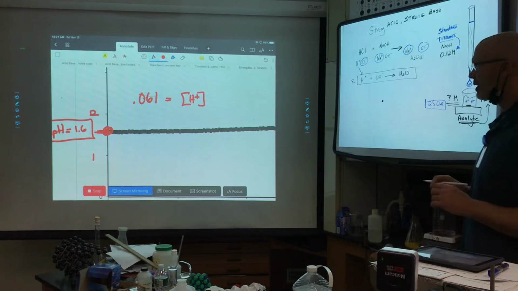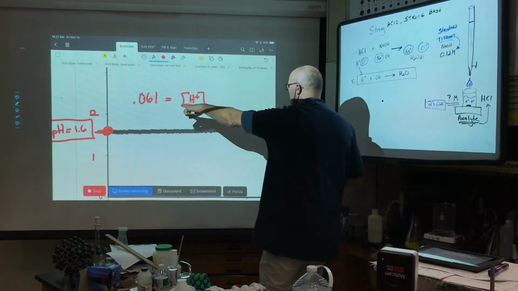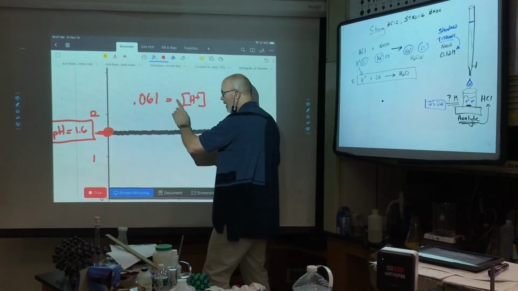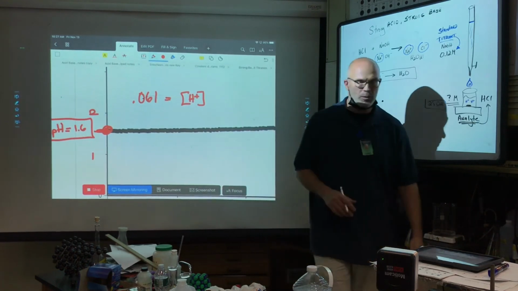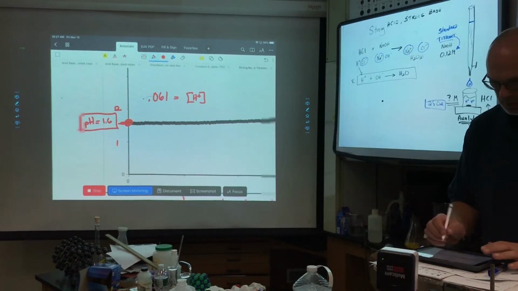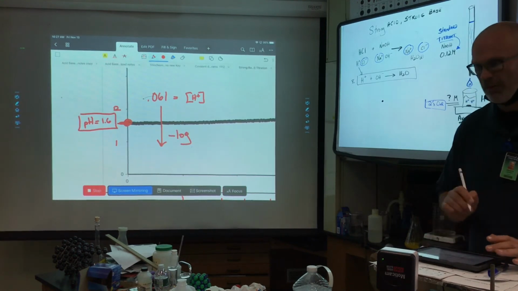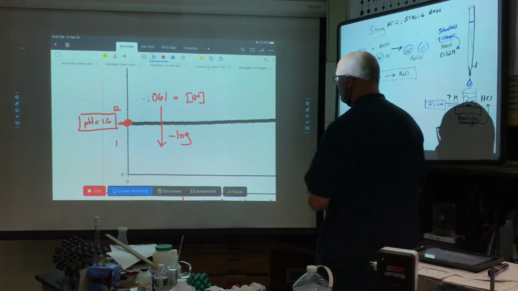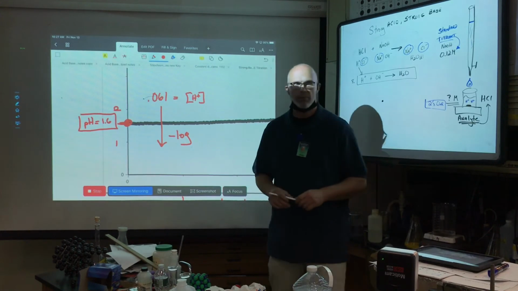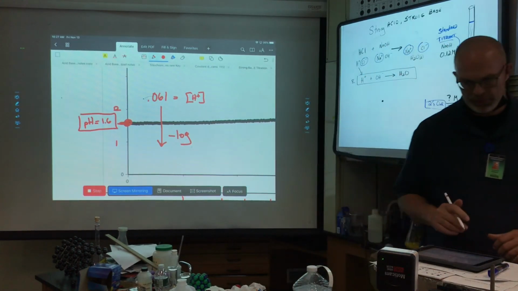How do I get a pH, guys? If that's the concentration of my H+, or HCl, a strong acid, how do I get a pH? What do I do with that? Negative log it, right? What's the negative log of 0.061? Negative log of that number.